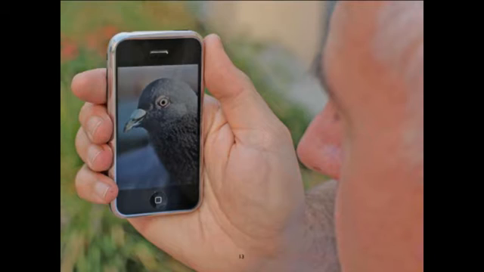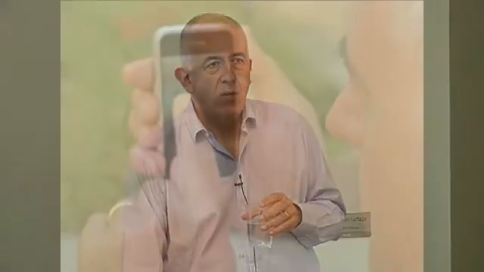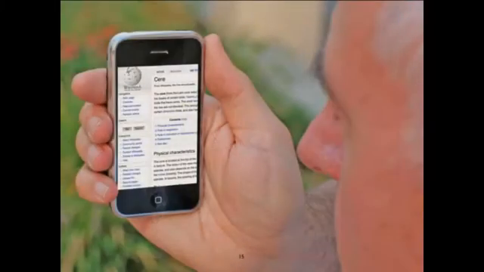And this slide is making the same points. So where would you like to be? And so in some limited domain, this could be a vision of where we want to be. So we take the picture of the object we are curious about. By virtue of the picture having been captured and uploaded to some central repository, it all becomes clickable and hyperlinked. And so we can access the information about the bird at the touch of a finger.